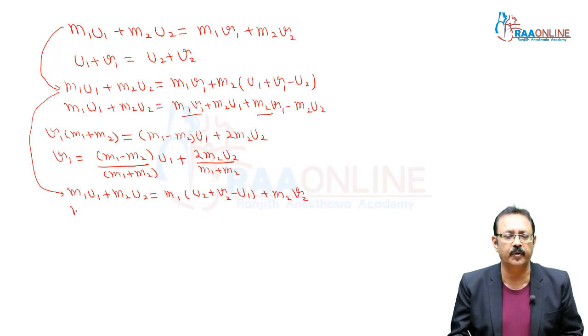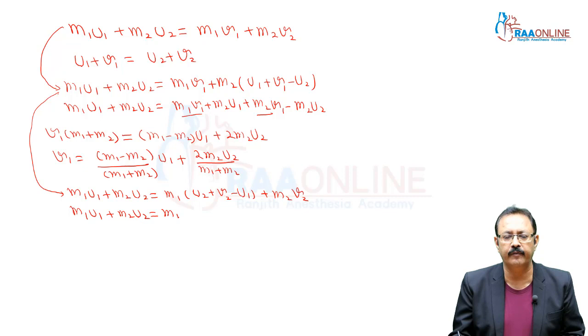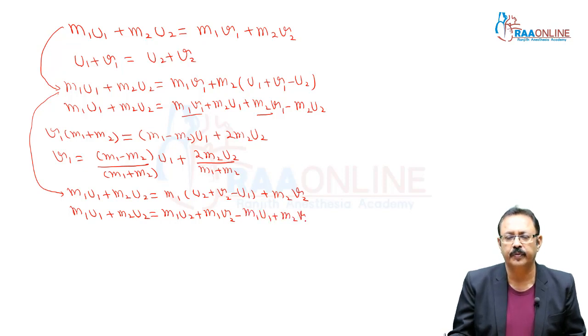So now I am going to get the value of v2. m1 u1 plus m2 u2 is equal to m1 u2 plus m1 v2 minus m1 u1 plus m2 v2.